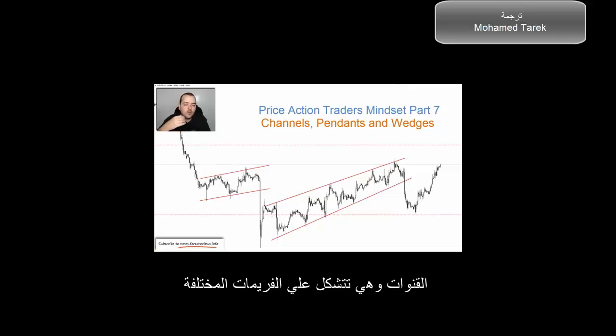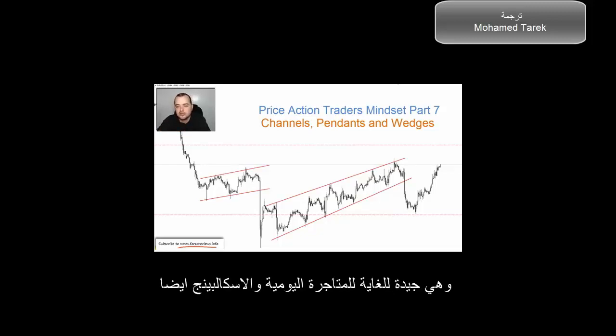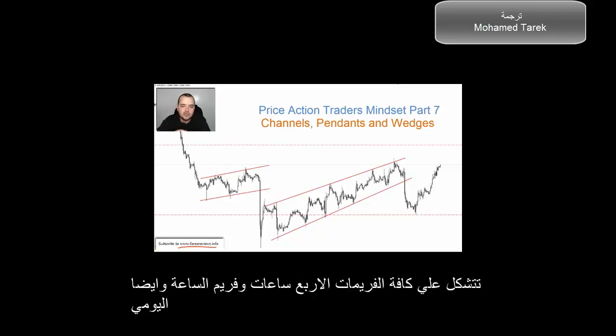Now these form on a daily basis and they're great for intraday trading, just like for short-term trading. You don't have to use them for long-term or anything like that. They're really great for getting bias on the lower than 1 hour time frame. And like I said, they form on a daily basis, and this is how a lot of intraday traders trade.